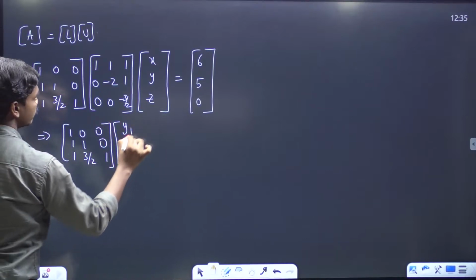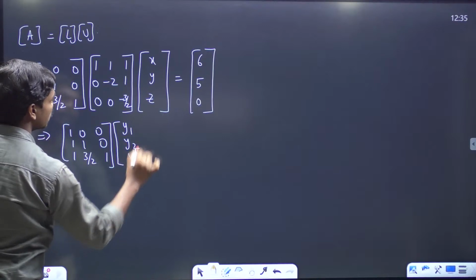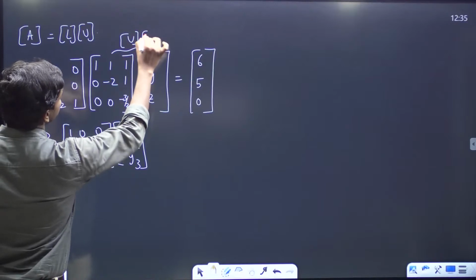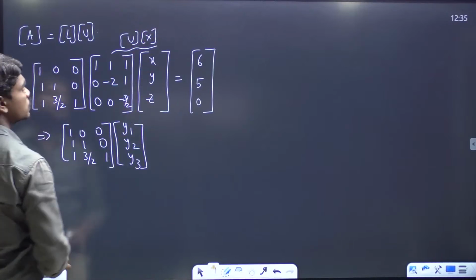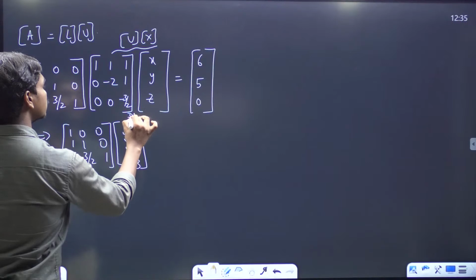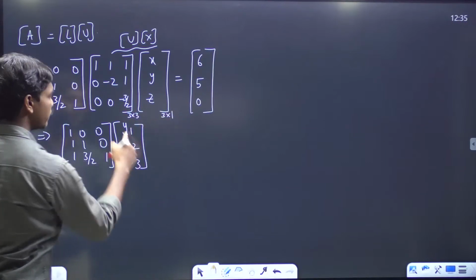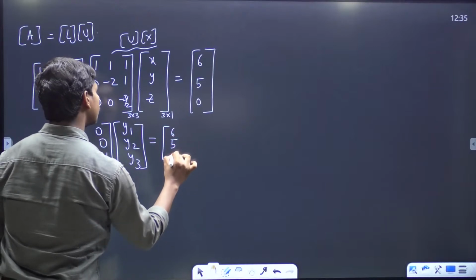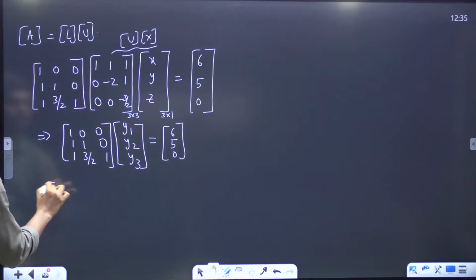We'll take this as Y: Y1, Y2, Y3. And of course, if this is of order 3 by 3 and this is of order 3 by 1, you will be getting a 3 by 1 matrix. This is equal to 6 5 0. So let us do the things.